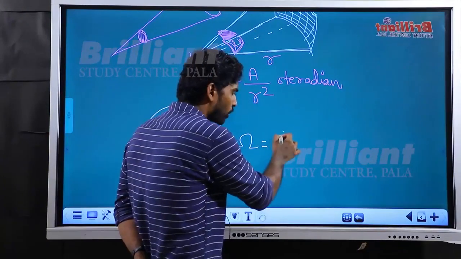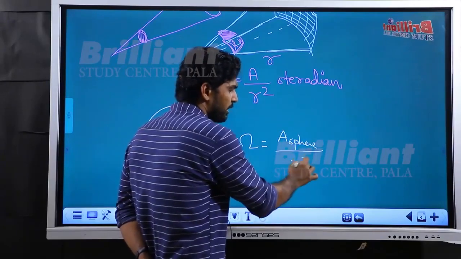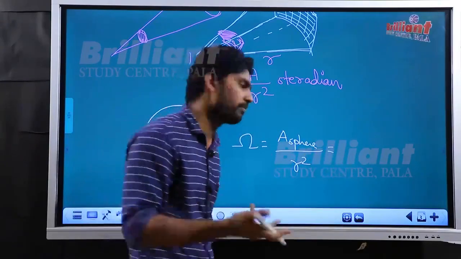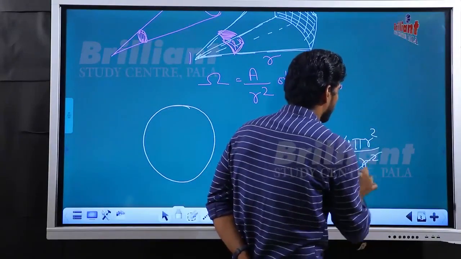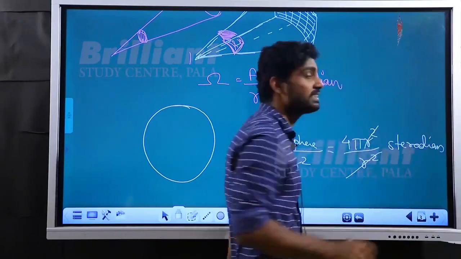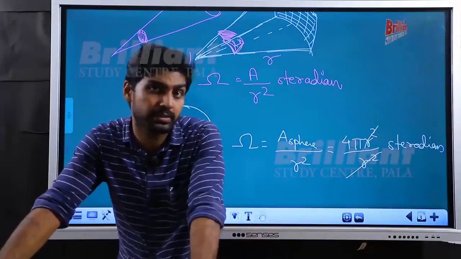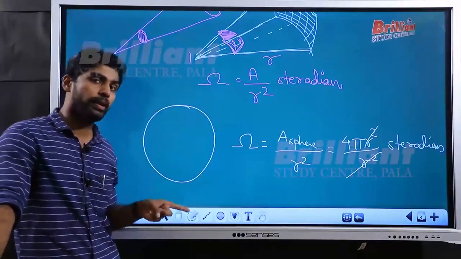It is the total area of the sphere divided by the square of the radius. What is the total surface area of the sphere? You are all familiar with that formula. It is 4 pi r square divided by r square. So r square will get cancelled, and we get 4 pi steradian. So the total solid angle associated with a full sphere is 4 pi steradian.